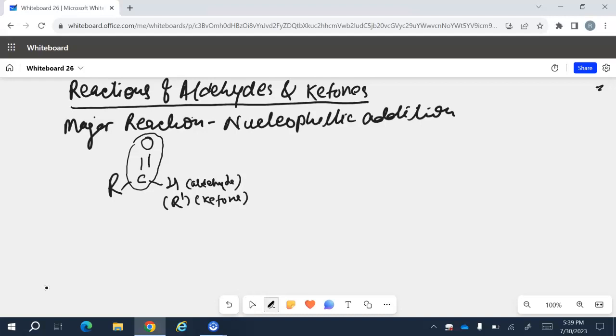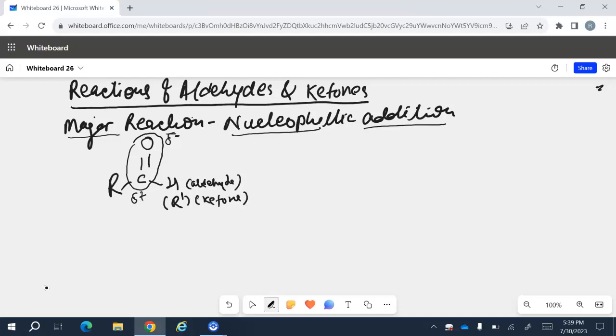Since they have the common carbonyl group as the functional group, most of the reactions of aldehydes and ketones are similar. Among these different reactions, the major reactions of aldehydes and ketones are what we call nucleophilic addition reactions. In the carbonyl group, the oxygen is more electronegative, therefore it possesses a slight negative charge, whereas carbon is slightly positive.